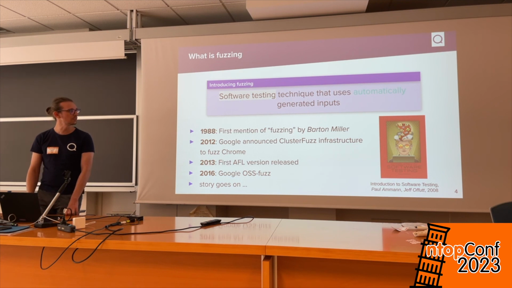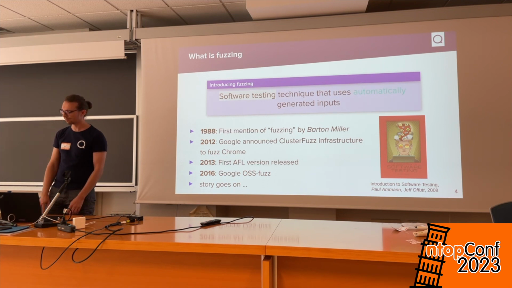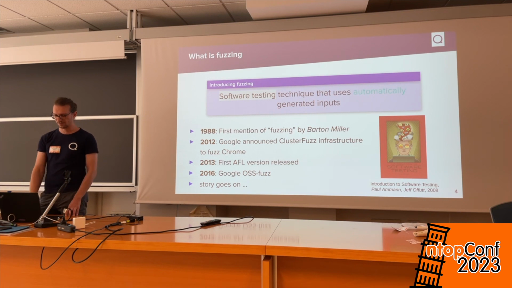The first mention of the term fuzzing was in 1988. But only in the last 10 to 15 years, there has been a huge spike in the usage of fuzzing to find vulnerabilities, and we have seen a lot of tools coming out in the last years.